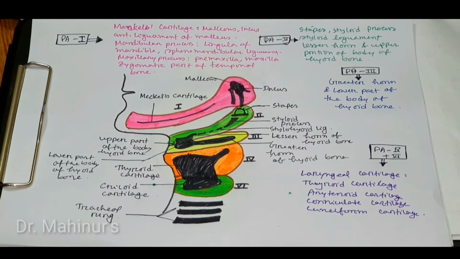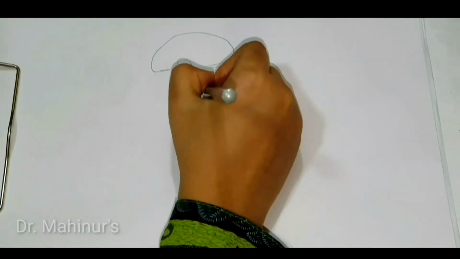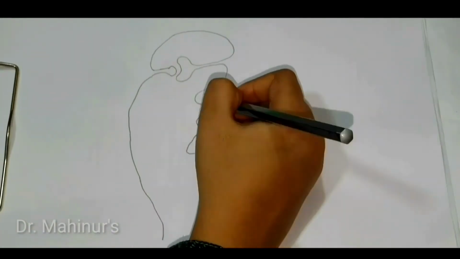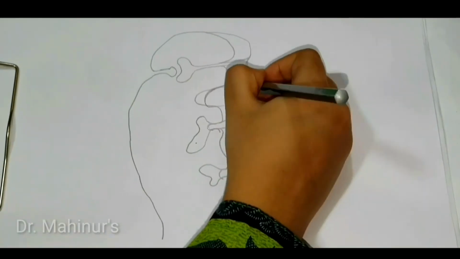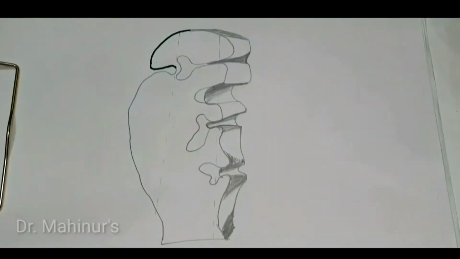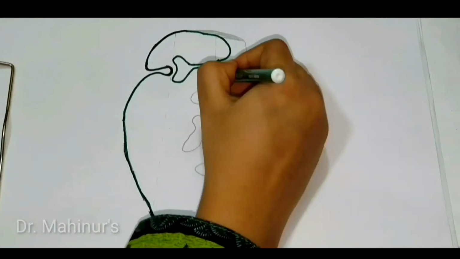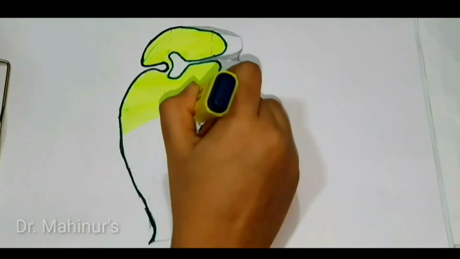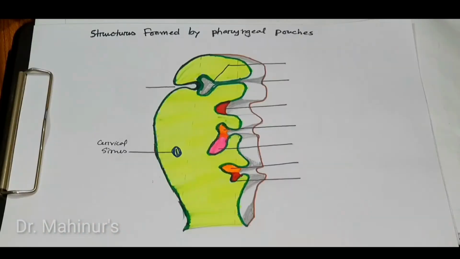Now, I will be discussing the derivatives of pharyngeal pouches. Let's get started. Human embryo has 5 pairs of pharyngeal pouches.